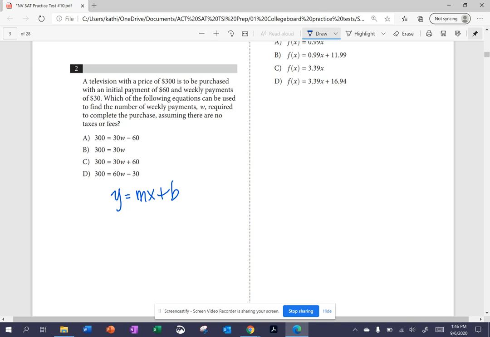The total price is $300, so this is my y. My initial payment of 60 is b. I'm making 30 dollar weekly payments, so 30x plus b, or w, since this is weekly payments instead of x. So I enter choice C here.